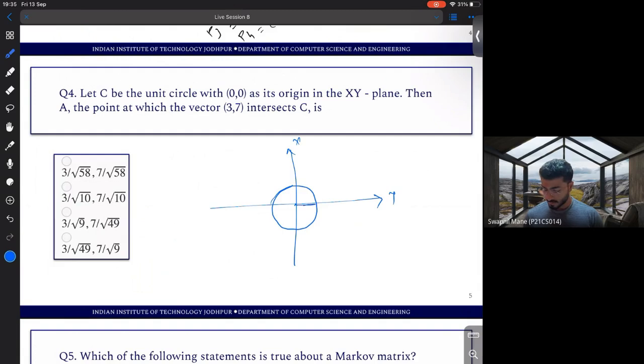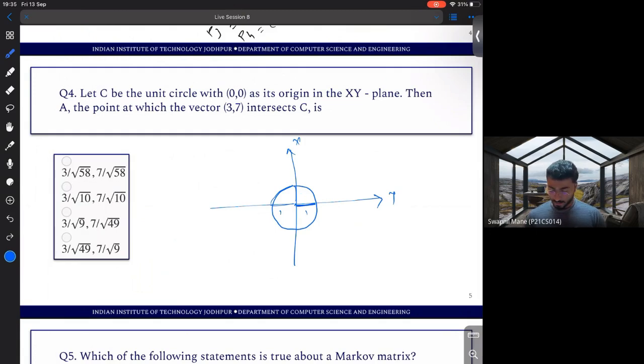The radius is 1. It's not uniformly drawn here, but understand that the radius is 1, and this position is also 1, this is also 1, likewise.